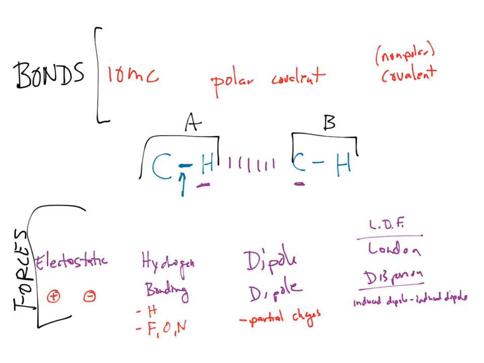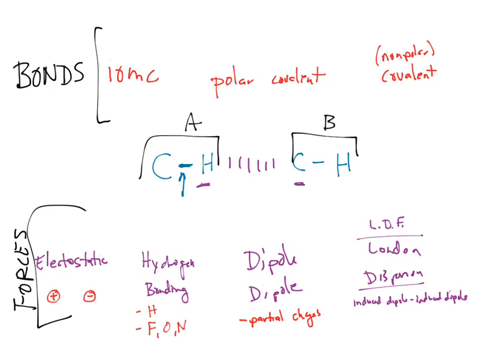Hydrogen doesn't have a high electronegativity, but what do fluorine, oxygen, and nitrogen have? The highest electronegativities on the periodic table. So I take the highest electronegativities and put them next to anything, and guess what happens? Partial charges. Hydrogen bonding is a dipole-dipole force. It just happens to satisfy these extra particular requirements.